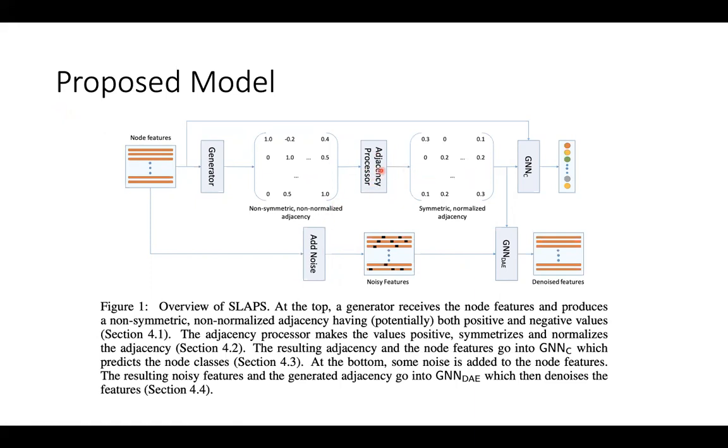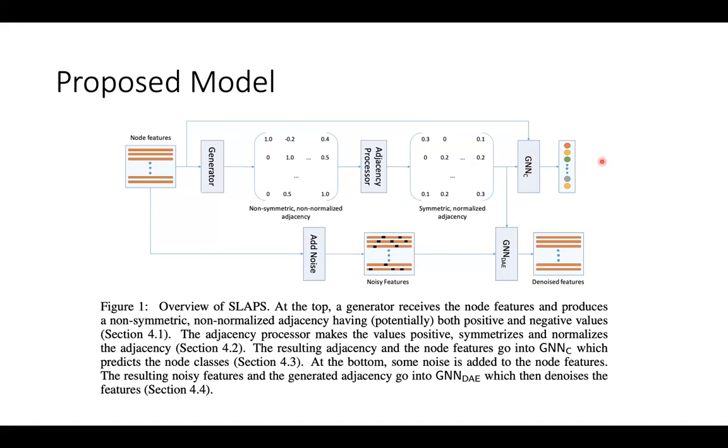This processor makes the generated graph symmetric and normalized. Then we have both the node features and the graph, and we do what we usually do: send them into the GNN to do the node classification task.